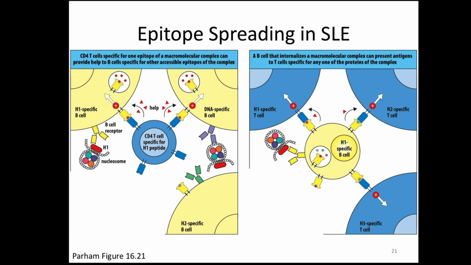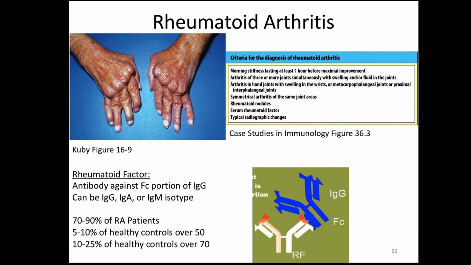And those T cells can then end up turning on different B cells who might also be responding to different parts of this complex. So we can see a lot of different anti-DNA epitopes getting spread very easily. I would be happy to talk more about that paper because I thought it was really cool. But instead, I'm going to tell you a little bit about one other thing.